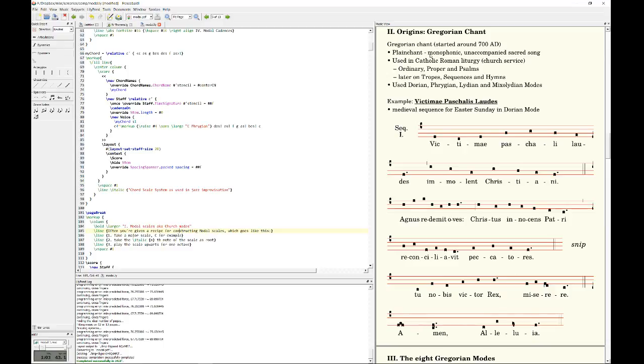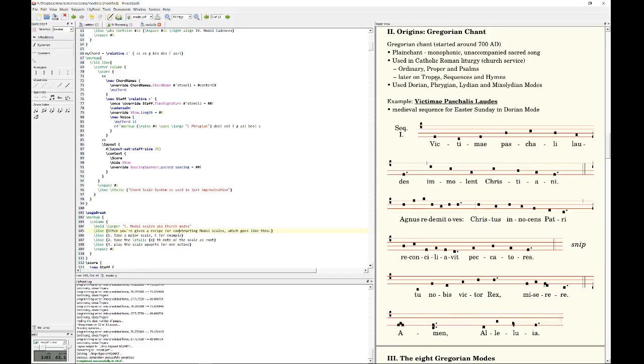Everyone was singing the same thing. There was no accompaniment, and it was sung during sacred Christian ceremonies. Used in Catholic Roman liturgy, and in the beginning, parts of the ordinary and the proper and the psalms were sung in Gregorian chant, and later on they added tropes, sequences, and hymns.